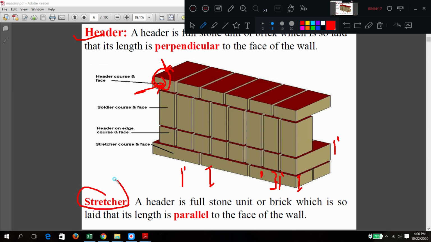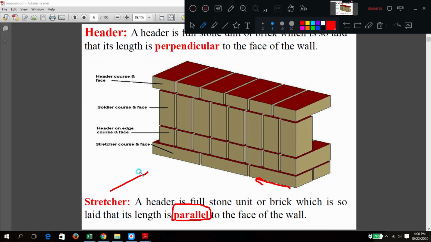Now in the structure, what is happening? When the length itself is kept parallel to the wall surface, when you see from this view, this side is called facing, and that side is called backing. The center portion is called hearting. If the wall is very thick, another stone will come, another stone will come, like this.